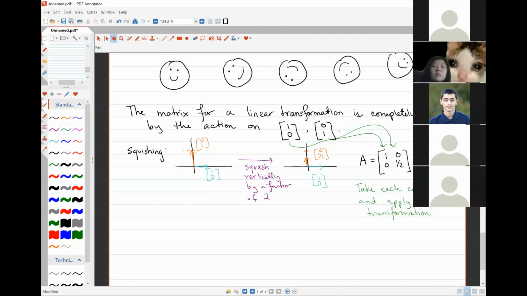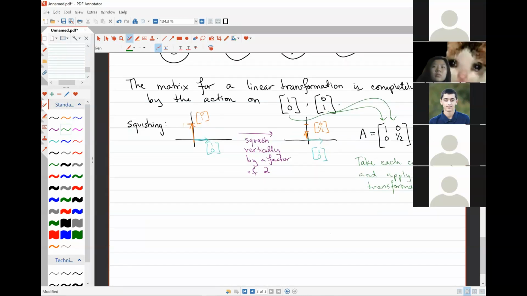And if we've got that, then really what we're doing is squishing all the y components by a factor of 2. So if we take this matrix A and multiply our smiley face by it, we would get a squished smiley face. It's going to literally just bring down all those y coordinates by a factor of 2.